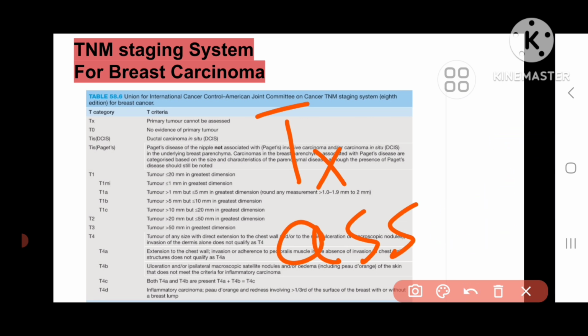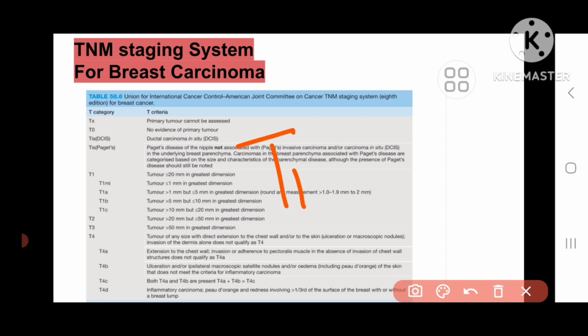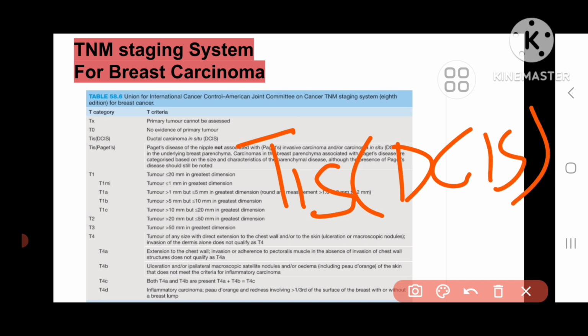And Tis means in situ. Tumor in situ, that is DCIS and Paget's.